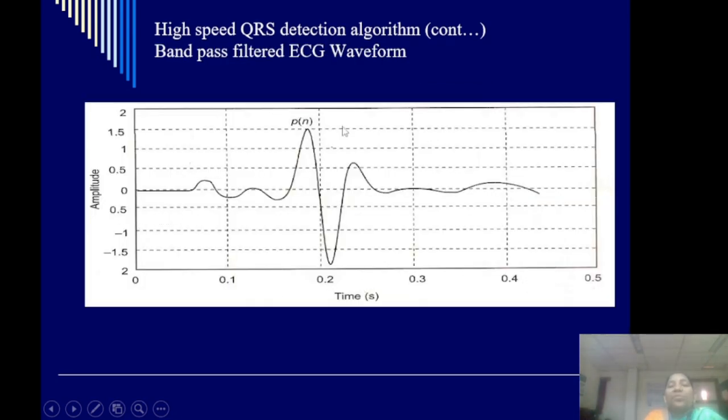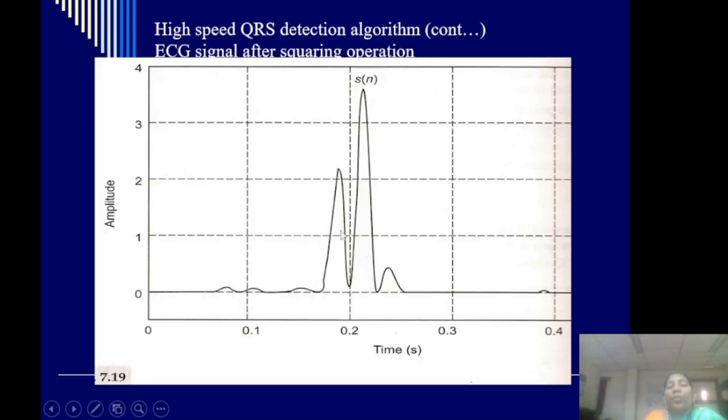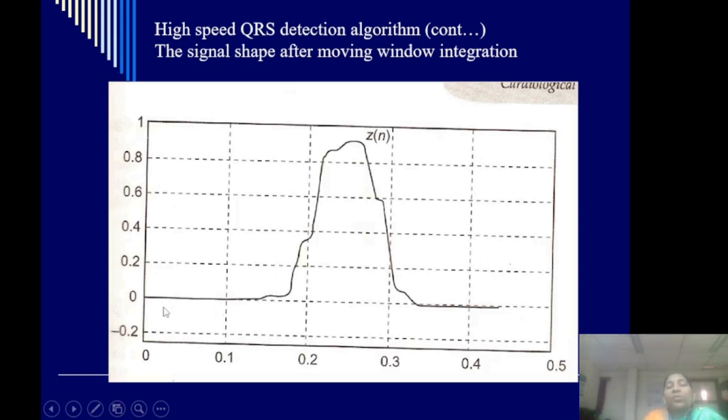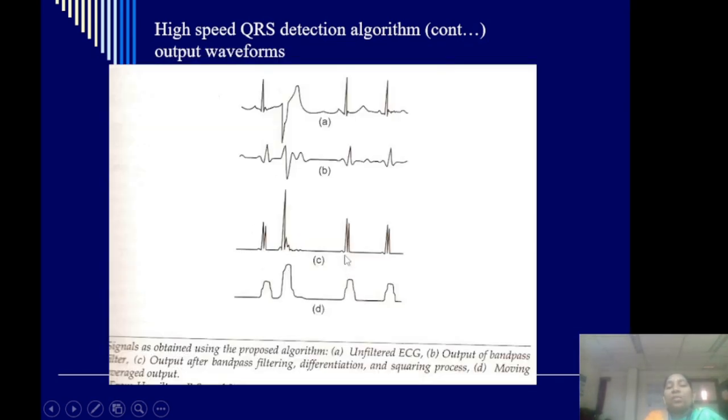And this is the band pass filtered ECG waveform. Then this waveform represents the signal after band pass filtering and differentiation. Then this is the squared waveform, so that the negative peaks are eliminated. After the squared waveform, you apply the moving window integrator and get the shape of a QRS complex like that. Then you apply two levels of threshold to detect the QRS complex from the ECG signal.